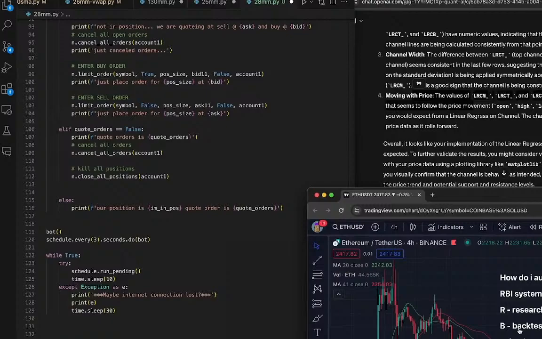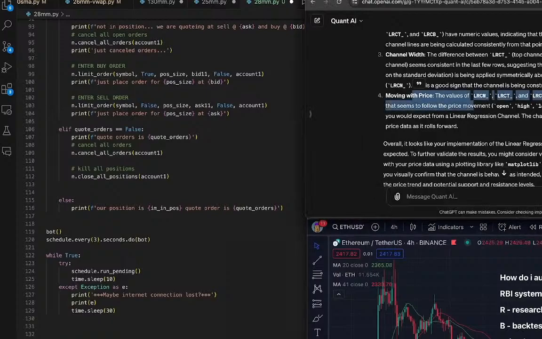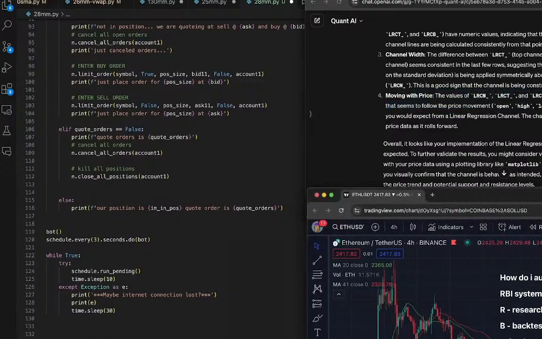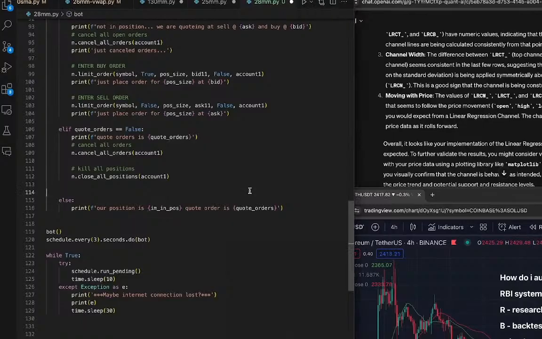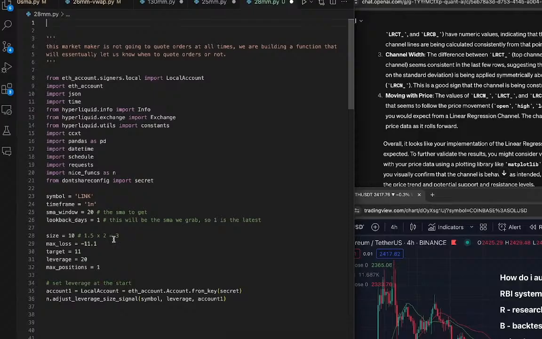And we get RBIs around here because we're not shooting for home runs. If you want home runs, go for the Solana sniper and go get wrecked. You could get a home run like a 15x, but I'm not looking for home runs here. I'm looking for trading over and over again all day long for an 11% target with a max loss of 11.1. I don't know why that says 11.1, but whatever. 11.1 is going to be fine.